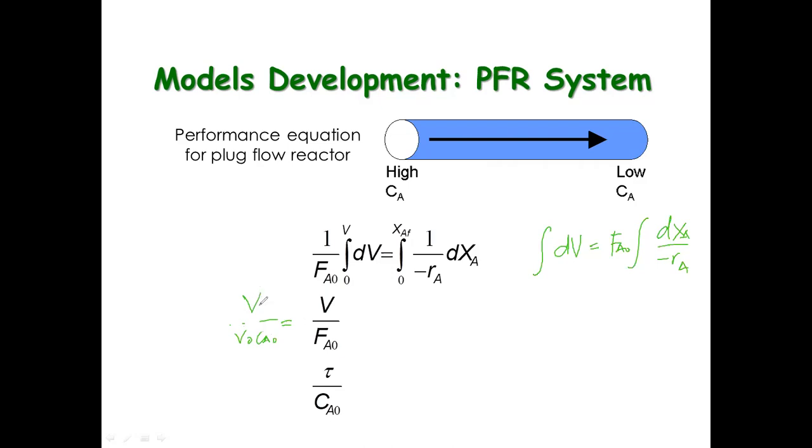So this would be V over CAO. This is your tau over CAO. So that's the reason why you get to see here.